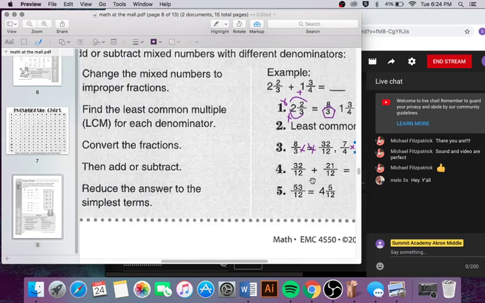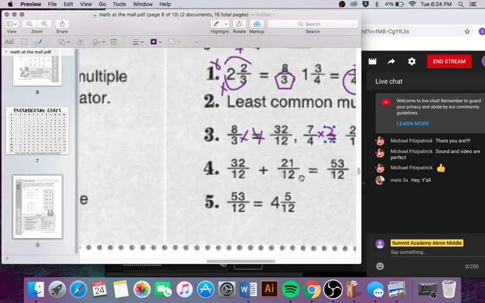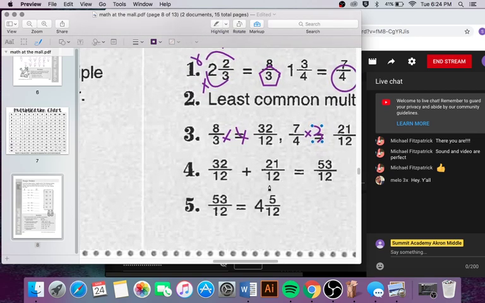So after we get both the fractions to have common denominators, we can add. So we have 32 over 12 plus 21 over 12. When you are adding and subtracting fractions, you keep the denominator. So these are all going to stay over 12.